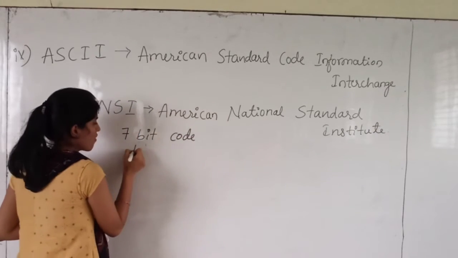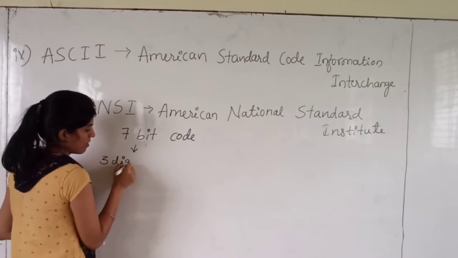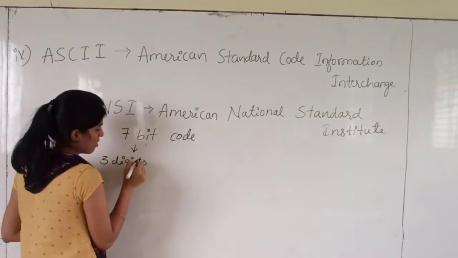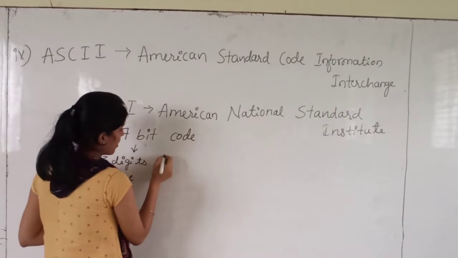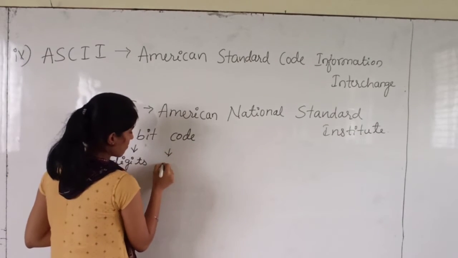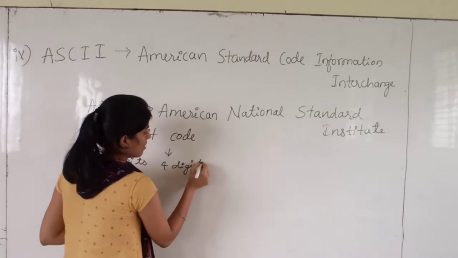In that, the first 3 bits are set as zone and the remaining 4 bits represent a character.